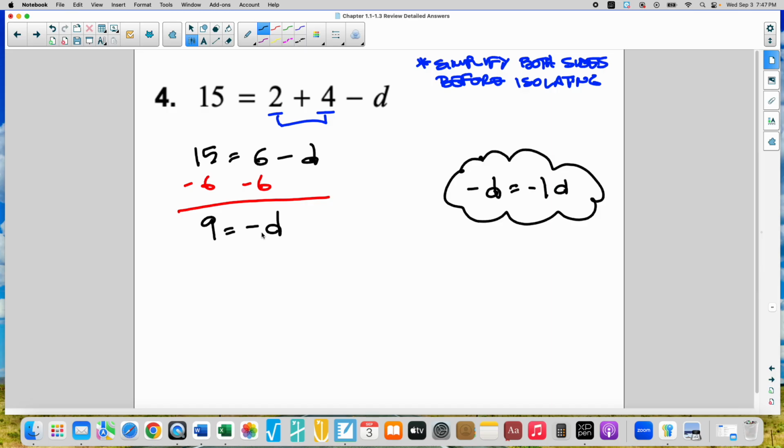There's a negative 1 being multiplied by my variable. The inverse of multiplying by negative 1 is multiplying by negative 1, because negative 1 times negative 1 equals positive 1, and it leaves you with your variable. Negative 1 times 9 is negative 9. Yep, I know, you're going to hear it again. That's a great problem. I love math.